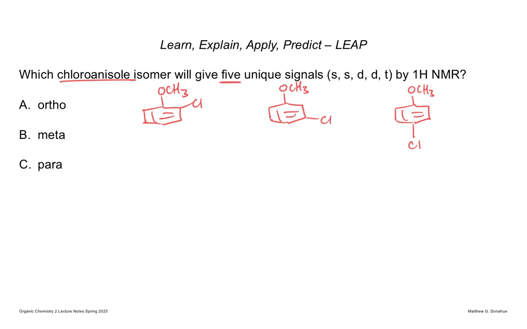Just based on that, can we eliminate one of these isomers? So we can eliminate the para. How many signals should the para have? 3. So it should have 3 in the proton.